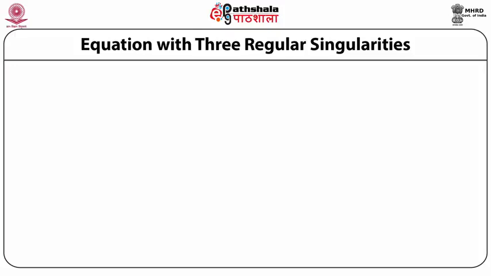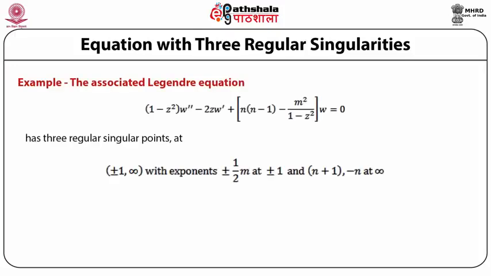Now we consider an example of the associated Legendre equation given by (1 minus z square) w double prime minus 2z w prime plus w times, within the brackets, n into (n minus 1) minus m square divided by (1 minus z square), is equal to 0.